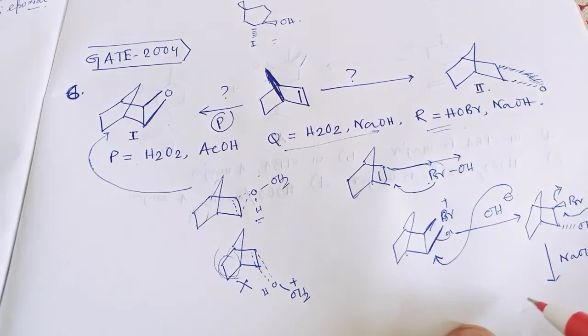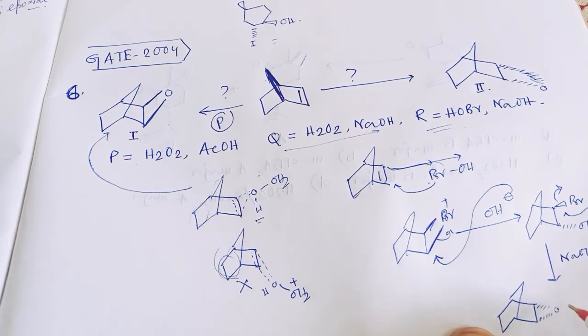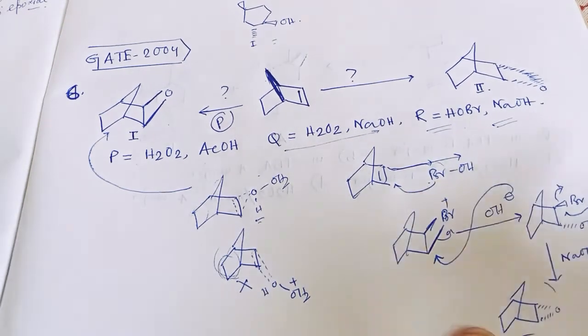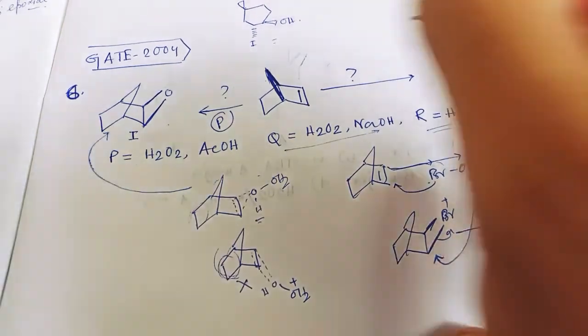So basically epoxide will form, and this is the below epoxide. Okay, so this condition is suitable for product 2, that is R.